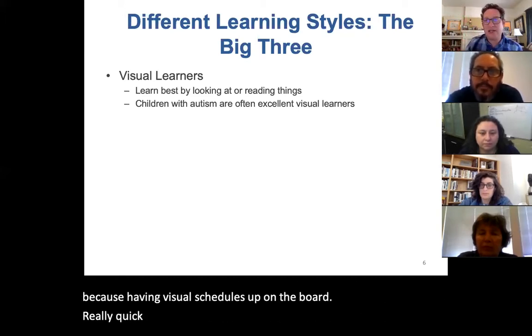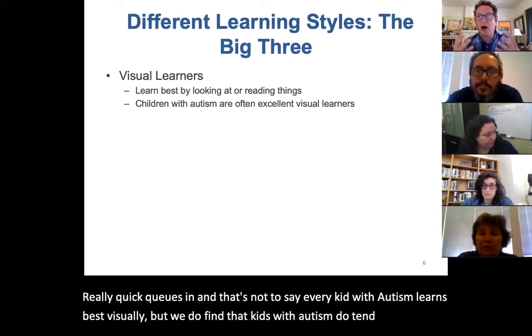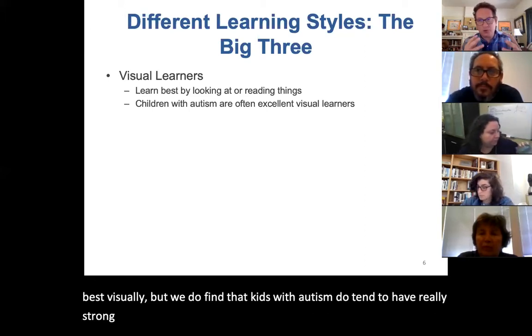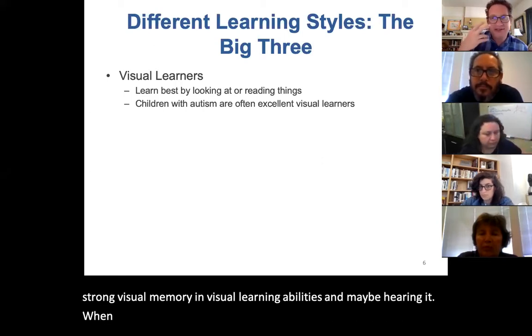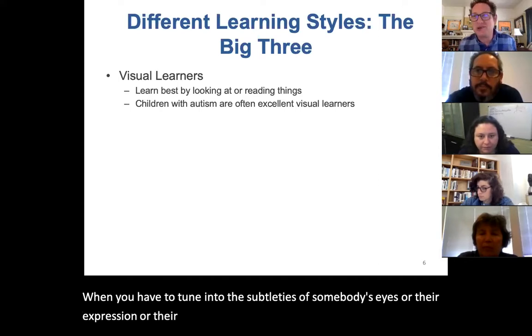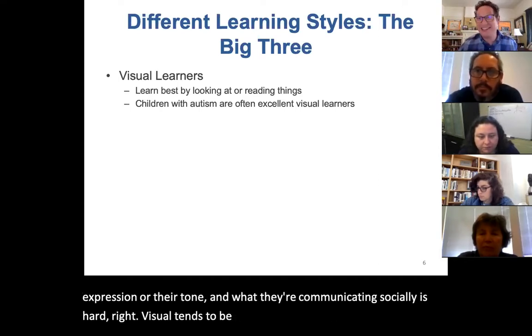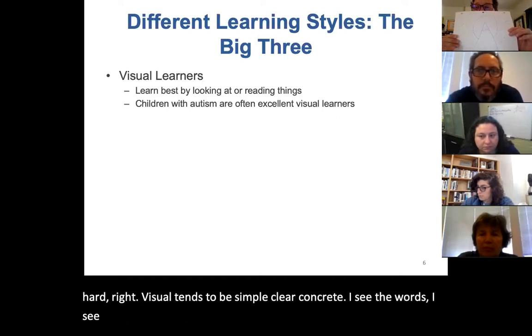That's not to say every kid with autism learns best visually, but we do find that kids with autism tend to have really strong visual memory and visual learning abilities, and maybe hearing it is hard when you have to tune into the subtleties of somebody's eyes or their expression or their tone and what they're communicating socially. Visual tends to be simple, clear, concrete, right? I see the words, I see the drawing, I'm going to make that.